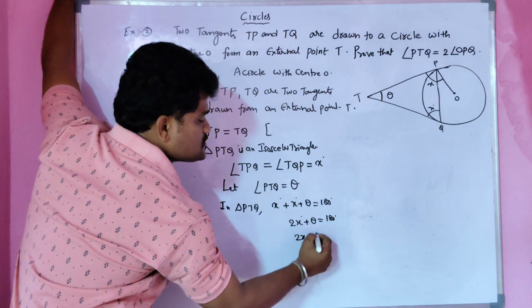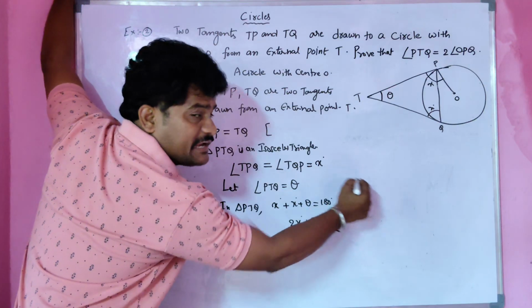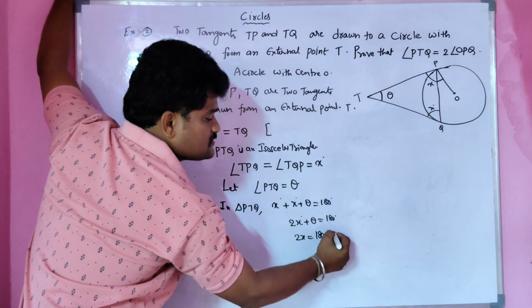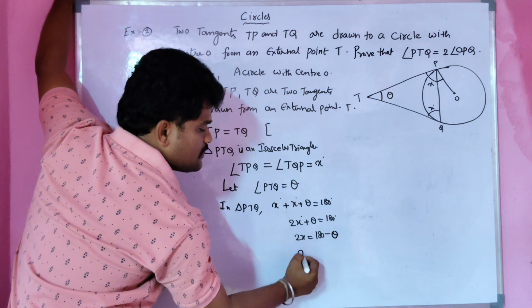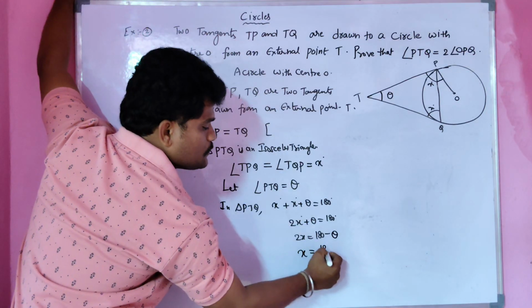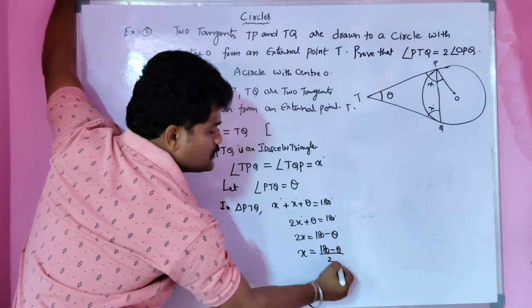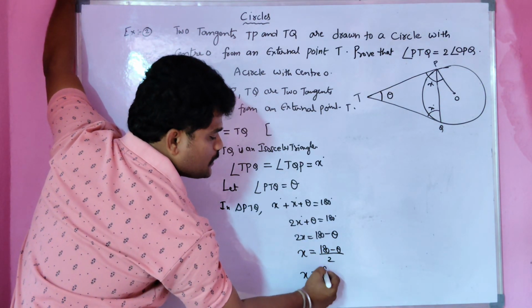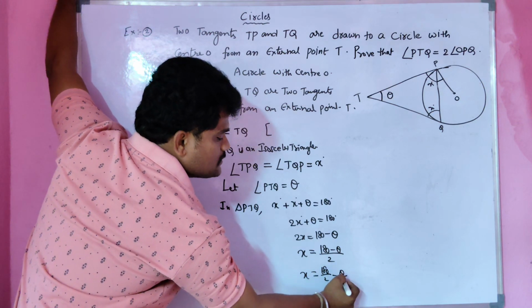Then 2x is equal to 180 minus theta. I want x here. x is equal to (180 minus theta) by 2, then x is equal to 180 by 2 minus theta by 2.